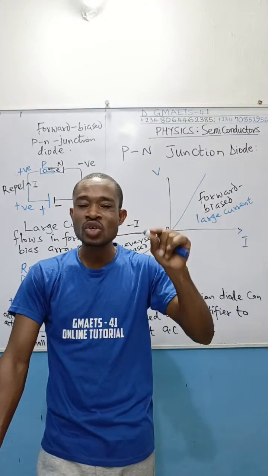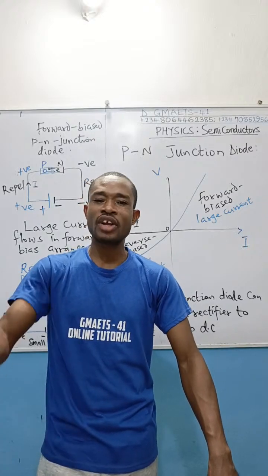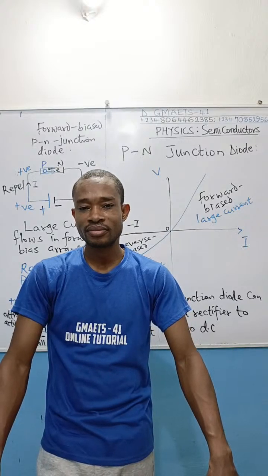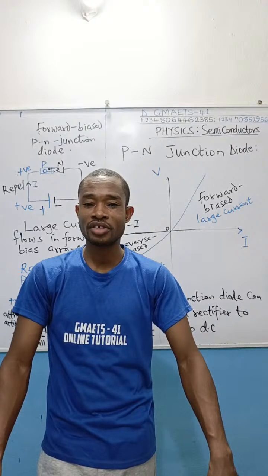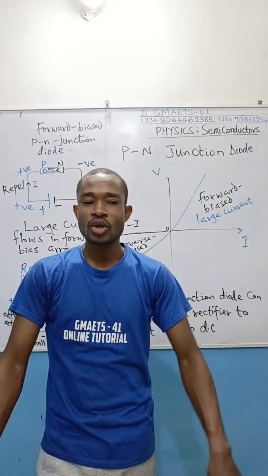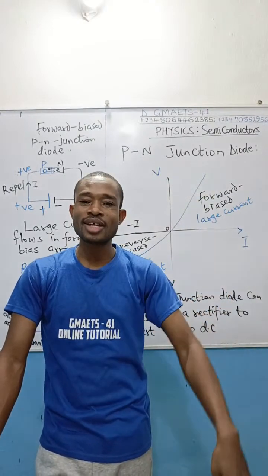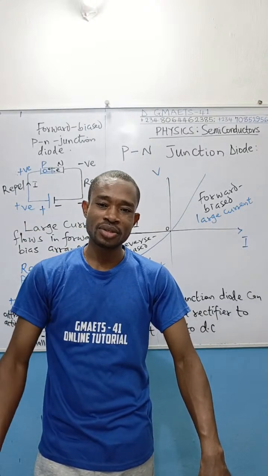Thermionic emission is the emission of electrons as a result of heating a given metal. You subject it to heat, thermal energy, then the electrons start moving. So the thermionic diode requires warming up, heating, before it starts operating. The PN junction diode does not need that.